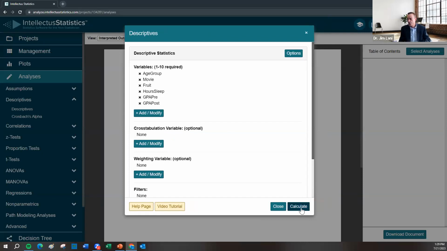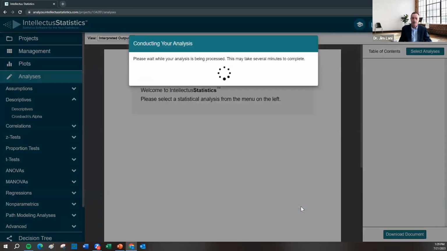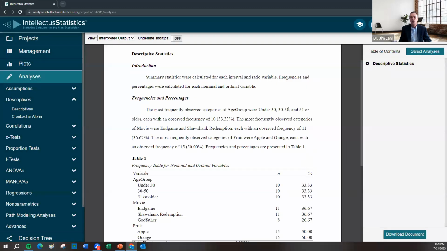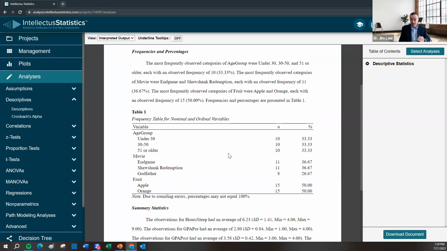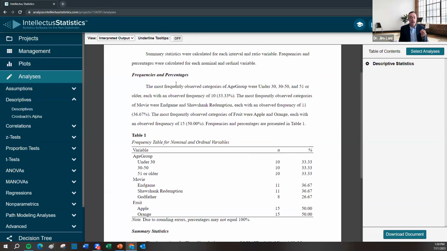Okay, once we have that, hit calculate. And voila, here is our output. Now, for those that have never been into SPSS or Excel, this is a revelation. Typically, there's raw, uninterpreted output. What we have here is an APA 7 table with a helpful scroll over, and we have auto drafting technology.